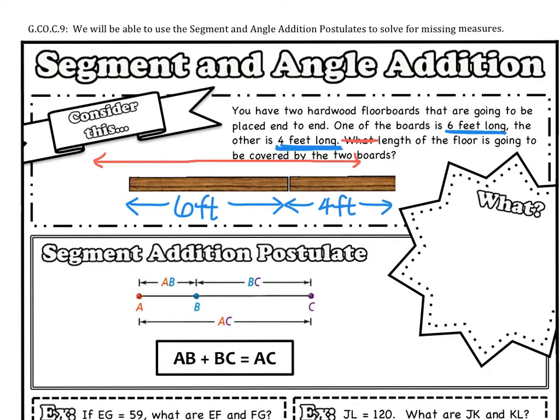Now, of course, if we put those two boards together, that is addition in math. So we're going to add those two boards together, and our total is going to be 10 feet. Now, that probably seems pretty much like common sense, and it is. And that's what's nice about the segment and angle addition postulate, it follows along with that basic idea that when you put two things together, you add them in order to figure out the total.